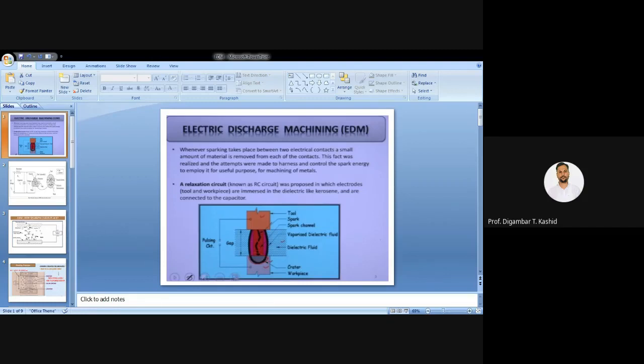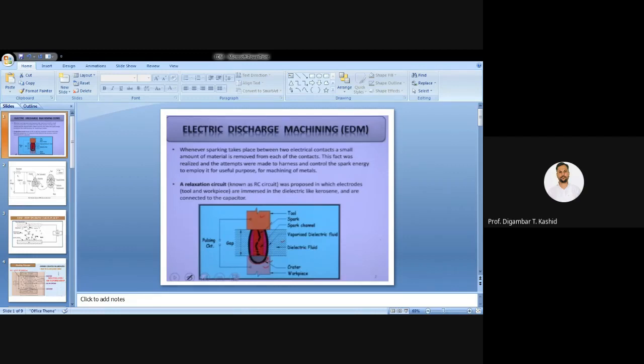So here we are applying electrical energy in the direct form, and it is used for the removal of the material. As the name suggests, this process can be used for electrically conductive material only.